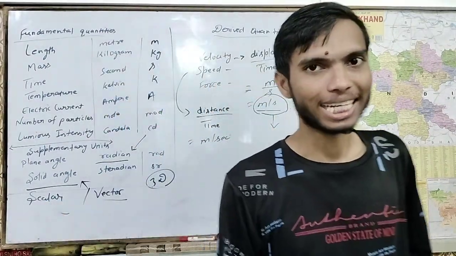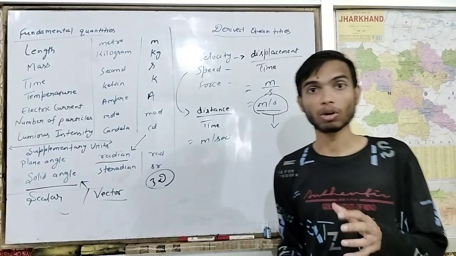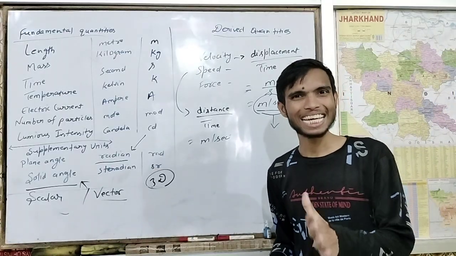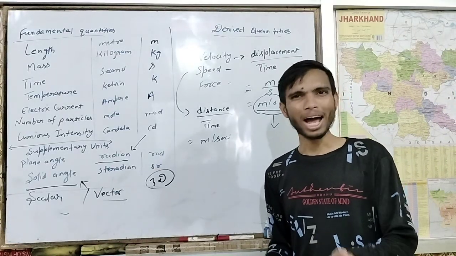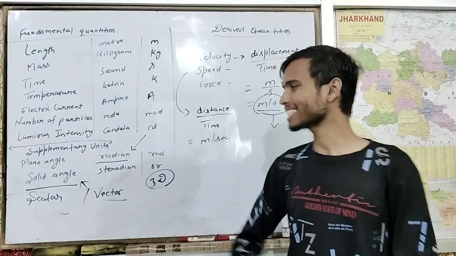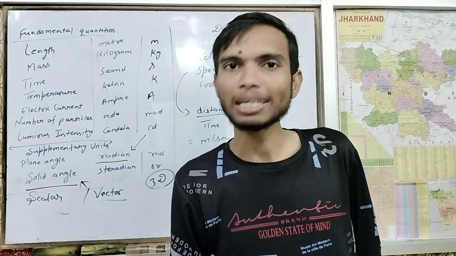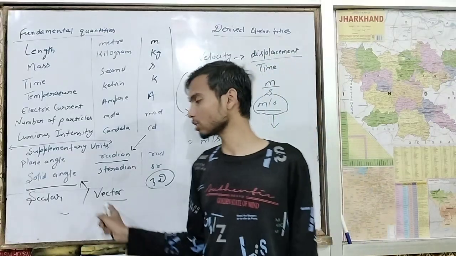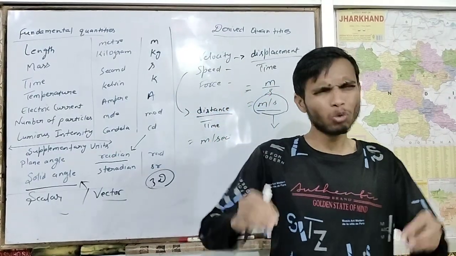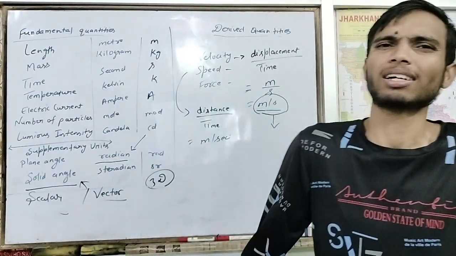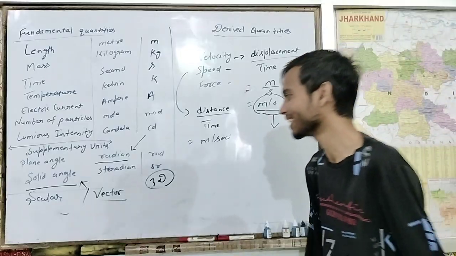A scalar is a quantity. Why is it compulsory to understand scalar and vector? Let me complete the definition of both, then you will understand automatically.